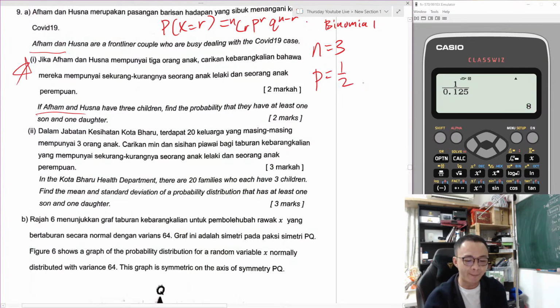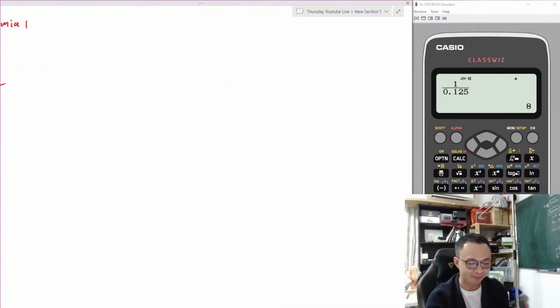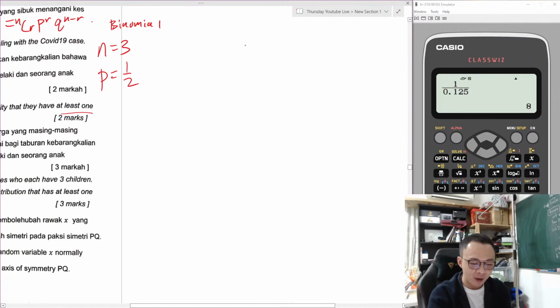Okay, so right now, because they want at least 1 son and 1 daughter, this is the tricky part. Because they only have 3 children, I want to get the idea about 0, 1, 2, 3. This is my r value.